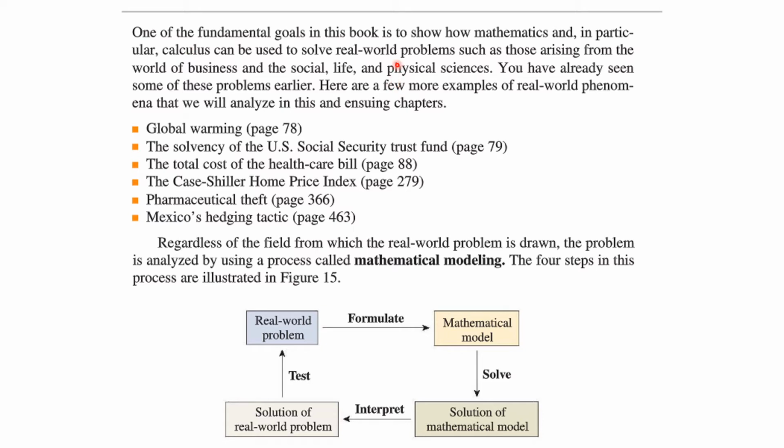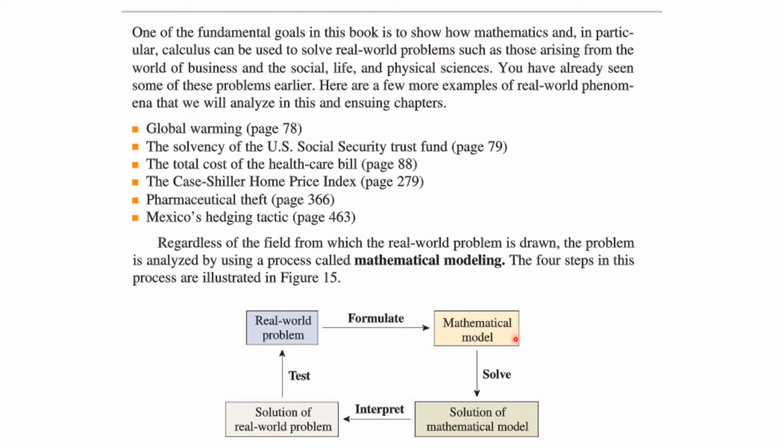One of the important aspects of this course is that we really are going to be doing real-world problems. We'll talk about these kinds of things, and the way we will approach this is by using a process called mathematical modeling. We start with a real-world problem, and we create, or formulate, a mathematical model.